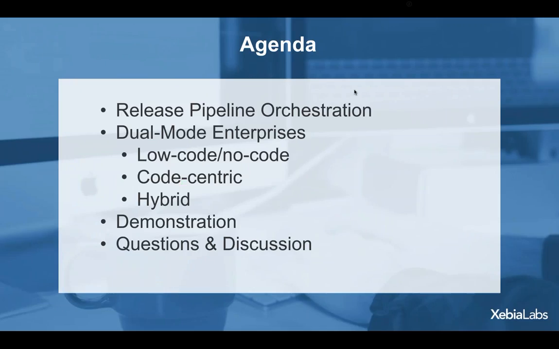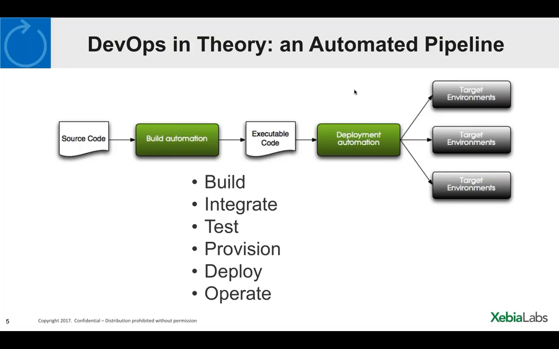So want to talk a little bit about kind of the theory and realities that we face, right? So if you look at kind of the notion of DevOps and this pipeline and the tool chain, one of the places where we start, the sort of conceptual destination that you're going to, is really around this fully automated pipeline, where developer checks in code, the build, the integration, the testing, provisioning new environments, deploying to those environments, and then actually standing everything up and getting it running is fully automated.